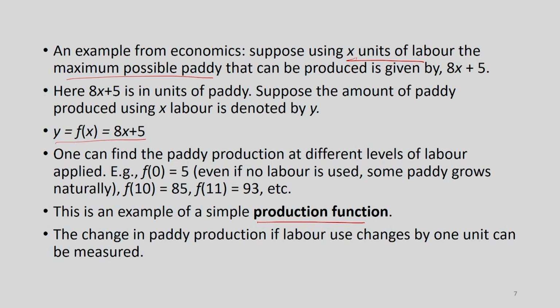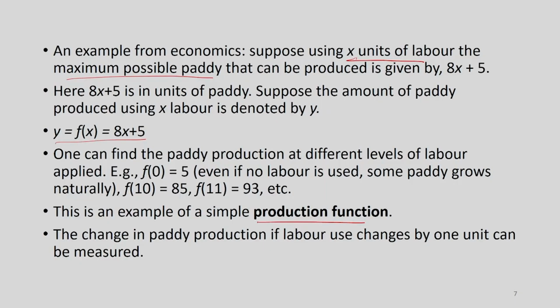Because it is possible that you are putting in so much labor, but some of it is being wasted through inefficiency and other things. We are ignoring that, assuming that whatever labor is being used is used efficiently. Therefore, y represents the maximum possible output, in this case paddy, that we can produce.